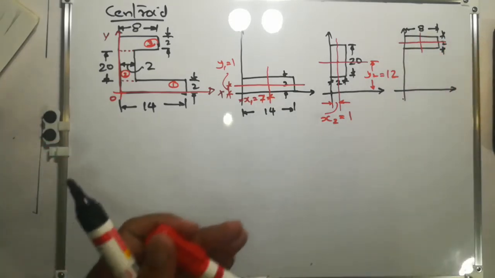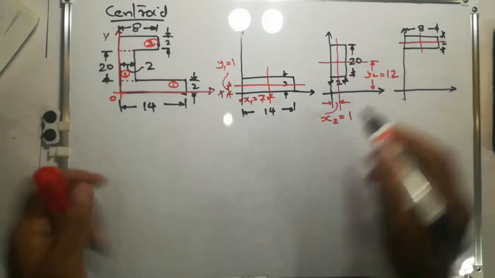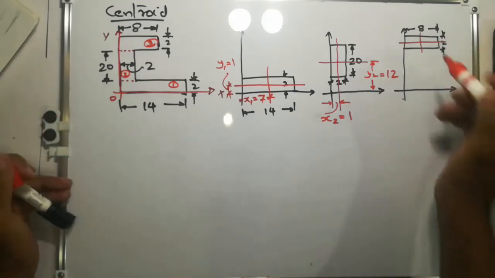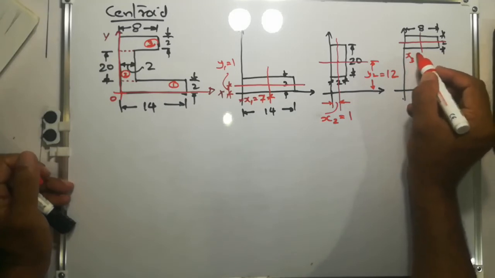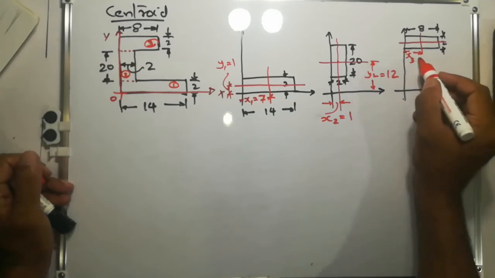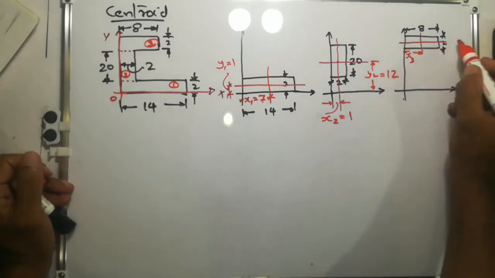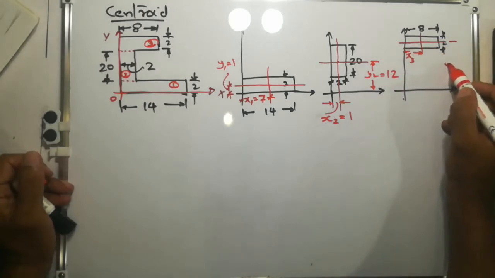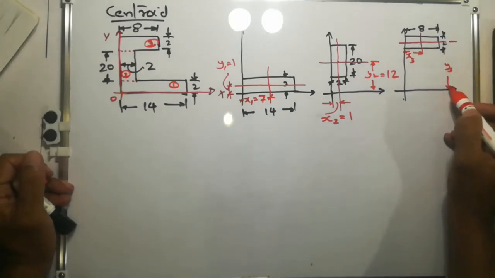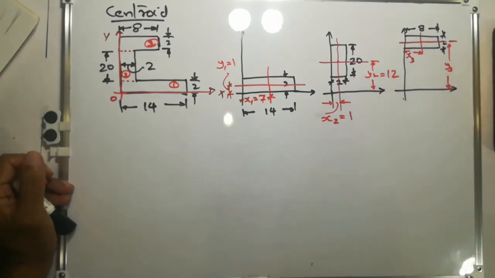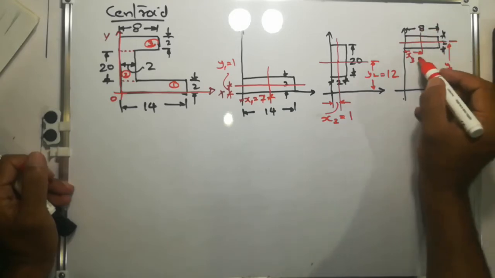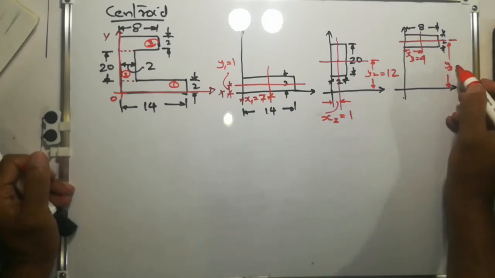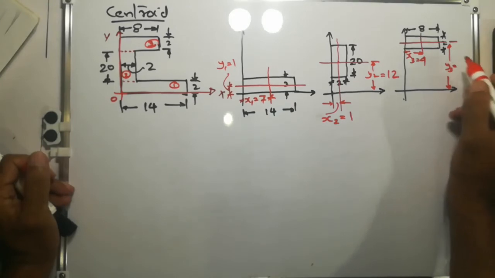Okay, so the centroidal distance from the reference axis will be, this will be x3, and this will be y3. So what will be x3? x3 will be 8 by 2 equal to 4, and y3 will be equal to how much?